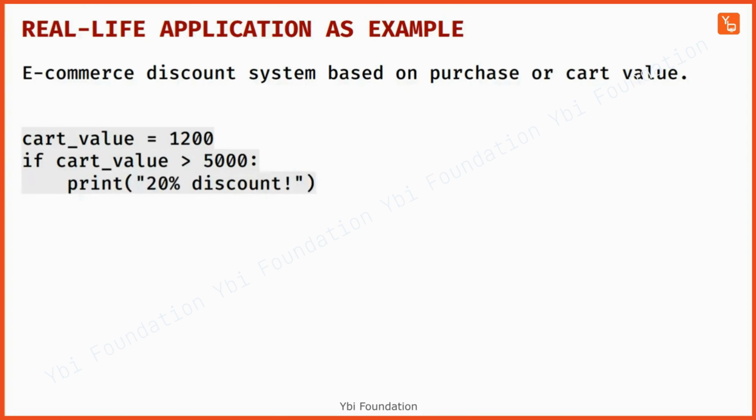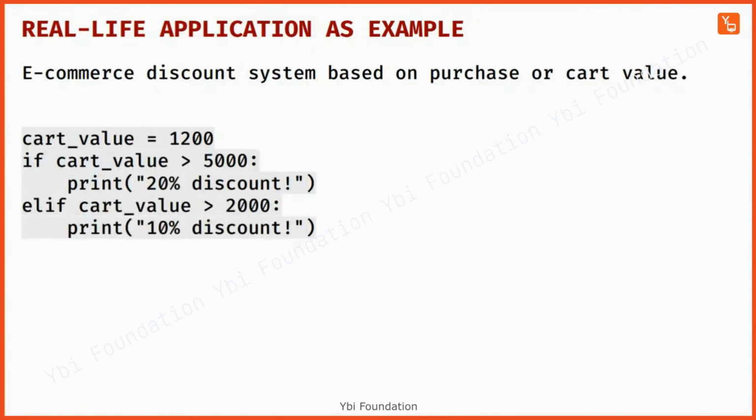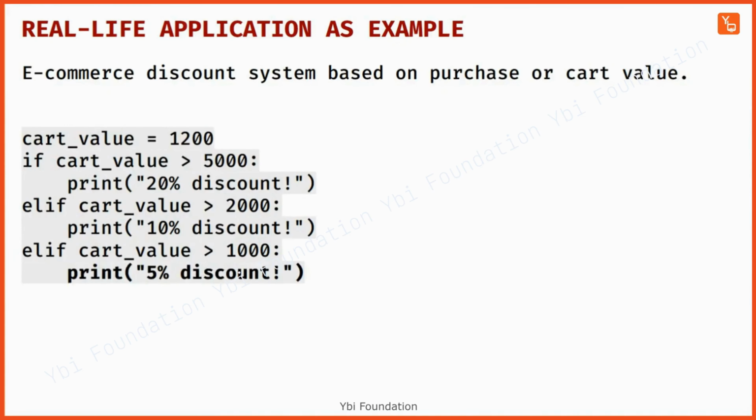If cart value is more than 2,000, then print 10% discount is applicable. If cart value is more than 1,000, then print 5% discount is applicable. And in the end, if none of the above conditions is met, then print 0% discount, or no discount is applicable. So we can use the if, elif, else conditional statements in the real world to define the discount system based upon different cart values.